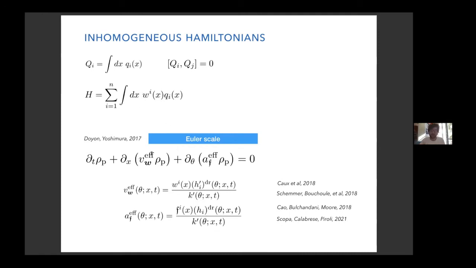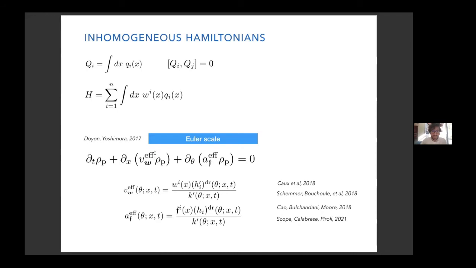How to incorporate this effect? It's known at Euler scale since 2017. Basically, this space dependence gives some forces to the system. These forces, as usually used in hydrodynamics, give some acceleration to the quasi-particles.